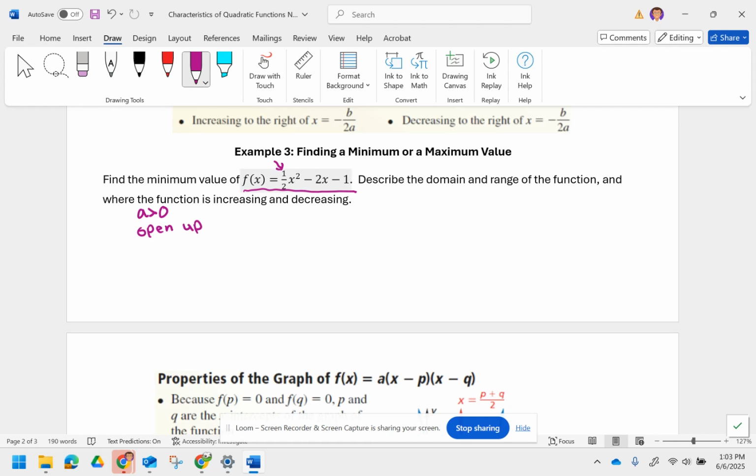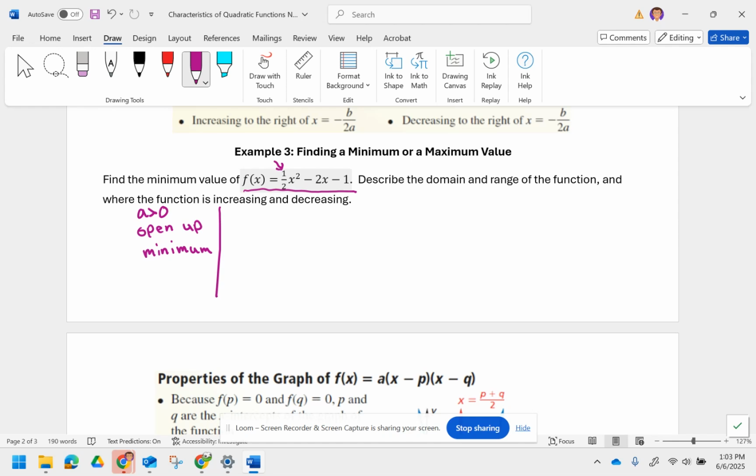So without even graphing anything, I've been able to identify that we will have a minimum in this graph. All right, so that's pretty good. We haven't done any difficult math, and we've been able to identify all these different things about it.